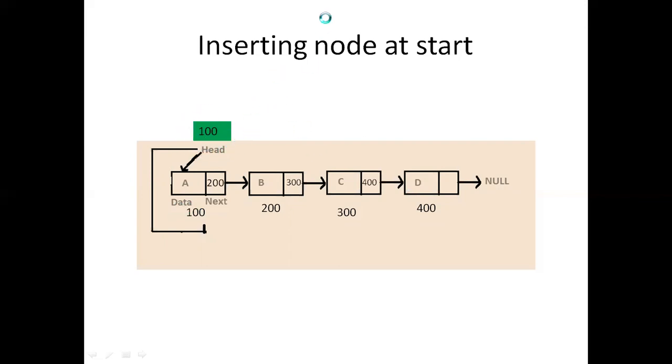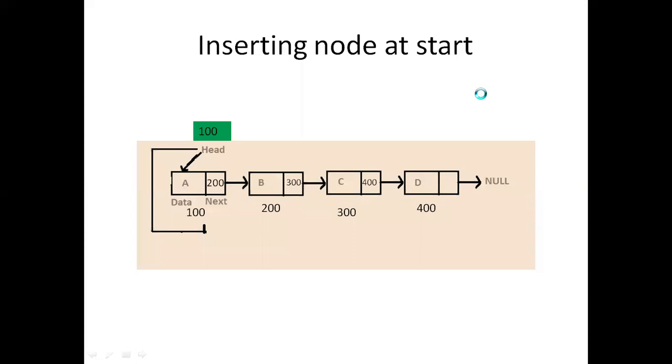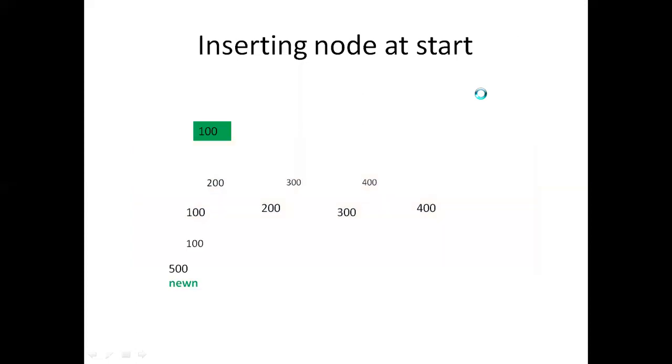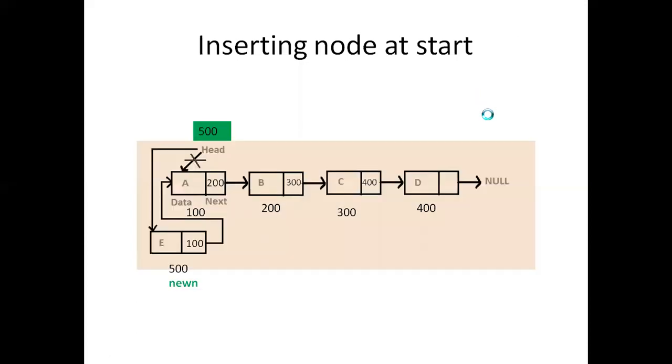Now, insert at start position. How to insert at the start position? Suppose you take one more new node, that is 500. Initially, before that, 100 is the head node. If you create the new node 500 with its address, the data of 500 is E and 500 next is null initially.